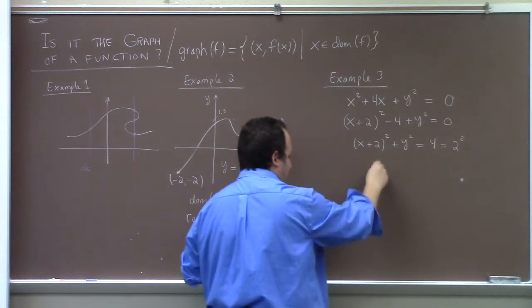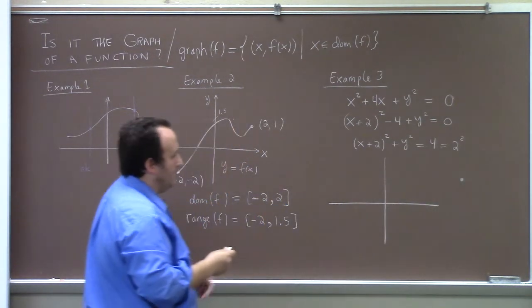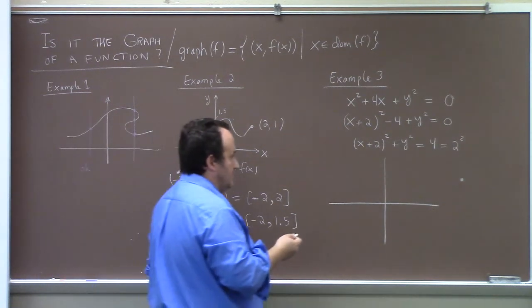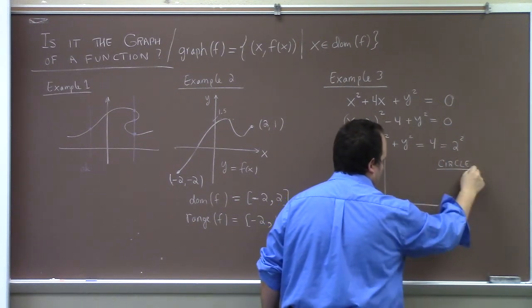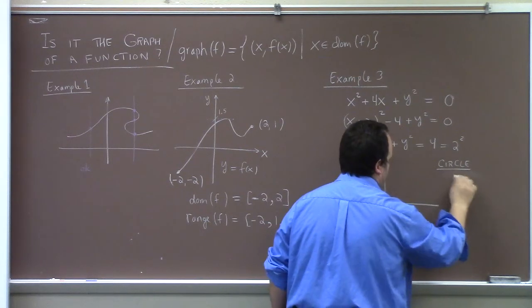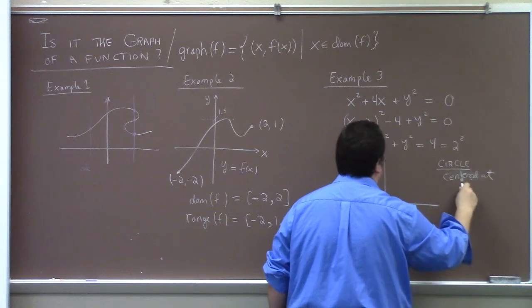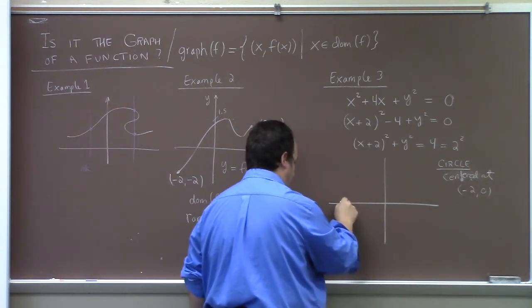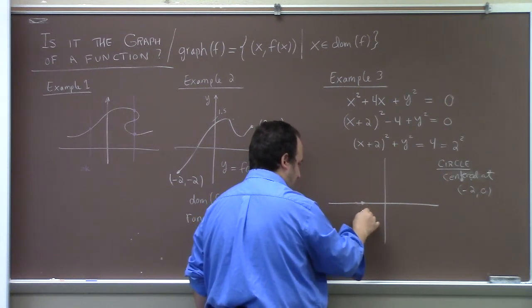So this is a what? This is a circle centered where? It looks like (-2, 0), right? So the center's right there.